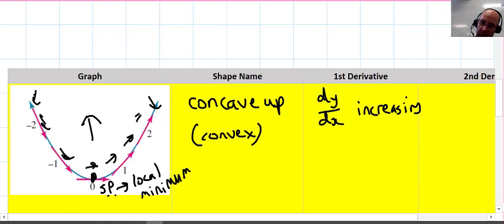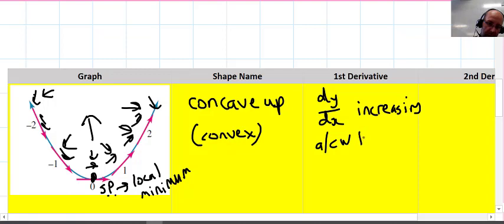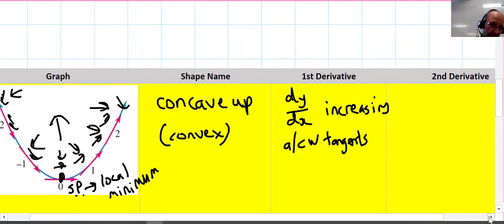But you see how they're increasing? They were quite negative up here, less negative there, 0 there, a little bit positive there, more positive, getting more positive all the time. So that derivative is increasing. And the tangents are anti-clockwise. As you go along, the tangents are moving around in an anti-clockwise fashion if you have a look at all those red tangents. Now, the second derivative is positive.